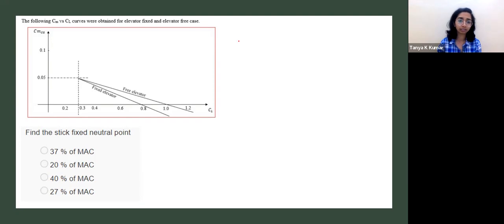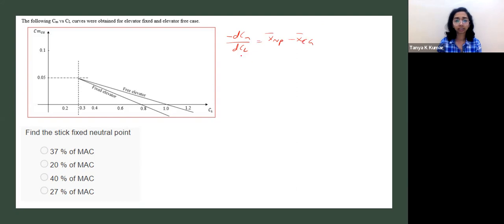Just take the slope of the graph. Minus dCm by dCl is x bar NP minus x bar CG.